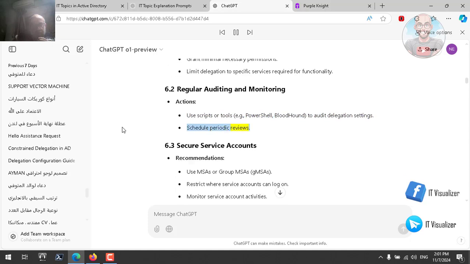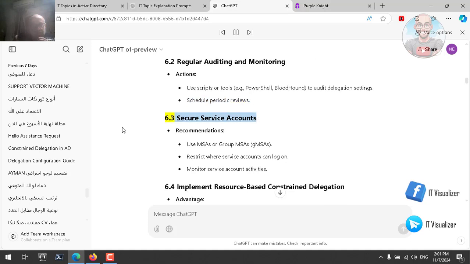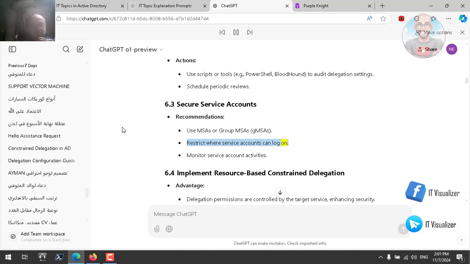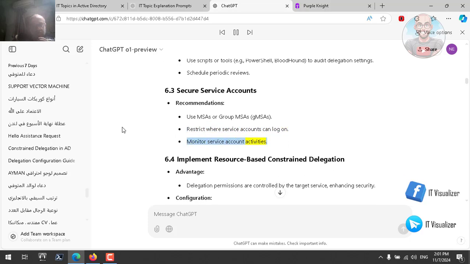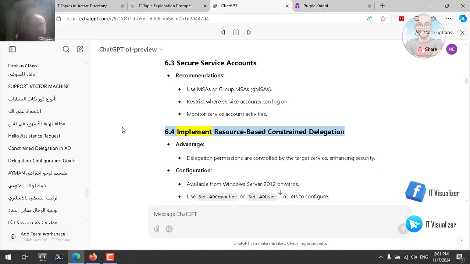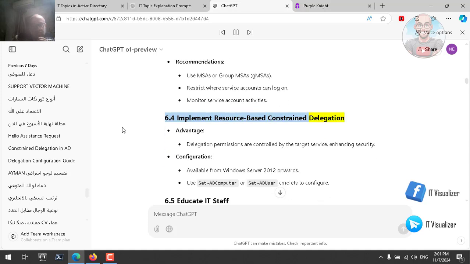Schedule periodic reviews. 6.3 Secure service accounts. Recommendations: use MSAs or group MSAs, GMSAs. Restrict where service accounts can log on. Monitor service account activities.